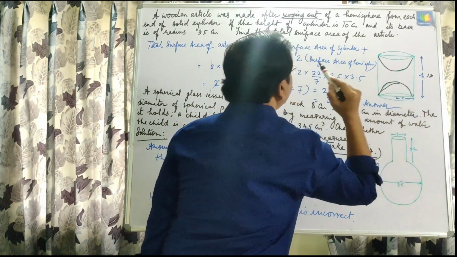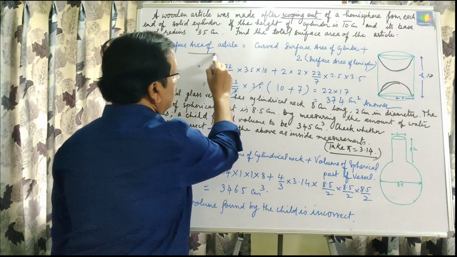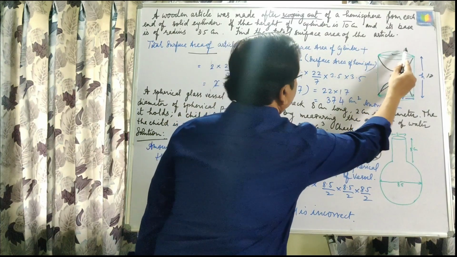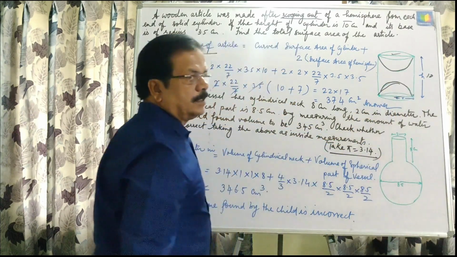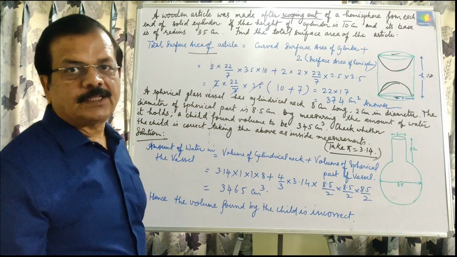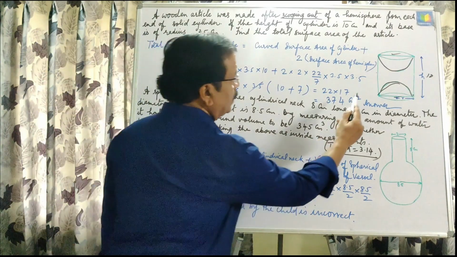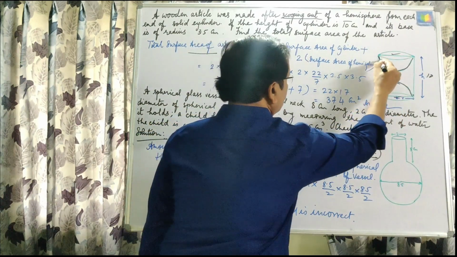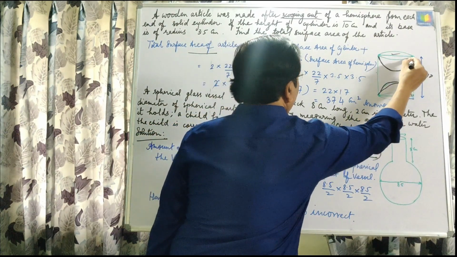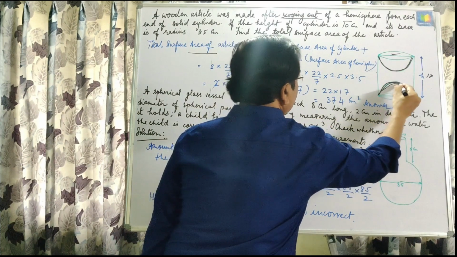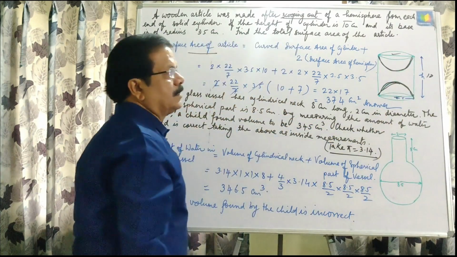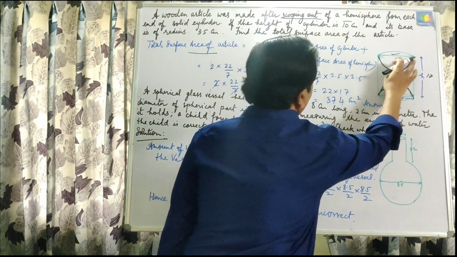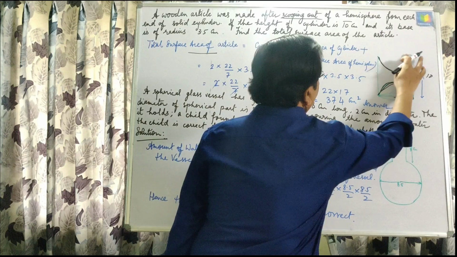Okay, and this way the surface area of this article will be curved surface area of this, because this portion is not there. We will not take total surface area of cylinder, we will take only curved surface area of cylinder, that is 2 pi r h, plus this portion, that is surface area of this hemisphere and surface area of this hemisphere. This will be added, because after excluding this, this is becoming like this.